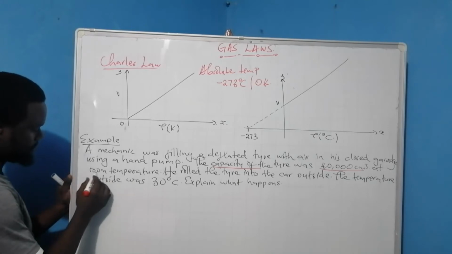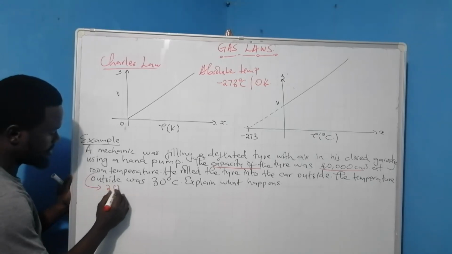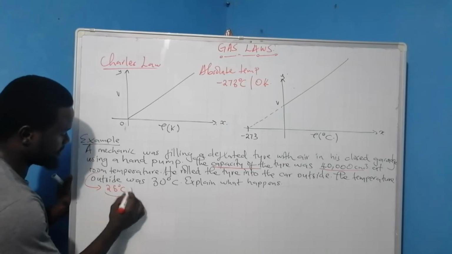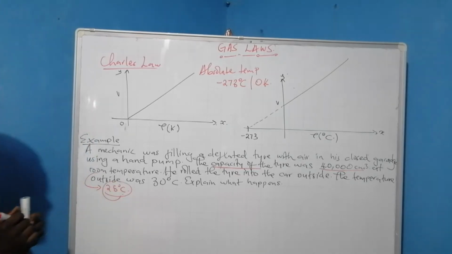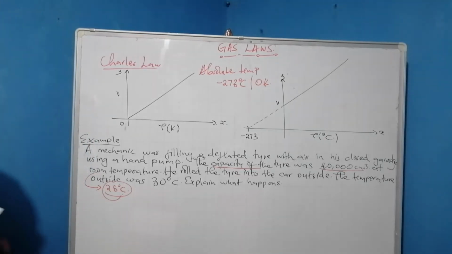And room temperature is normally given as 25 degrees Celsius. Then he rolled the tire to the car outside. The temperature outside was 30 degrees Celsius. Explain what happens. When given such a question, you must always calculate first before you do anything else.